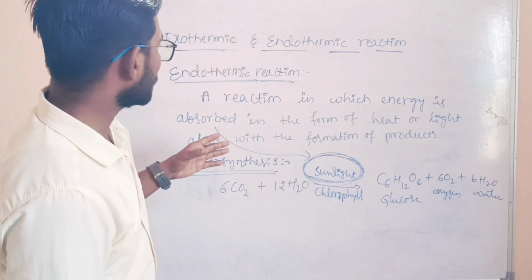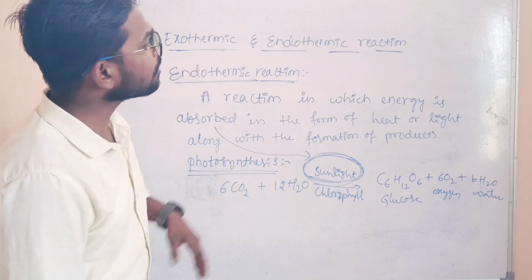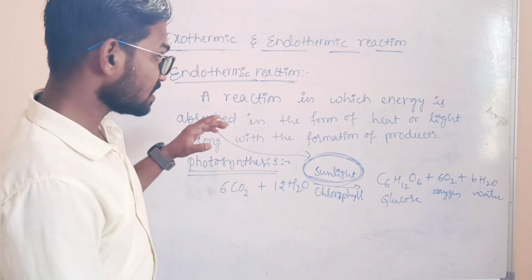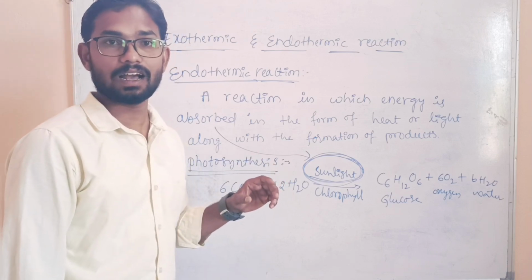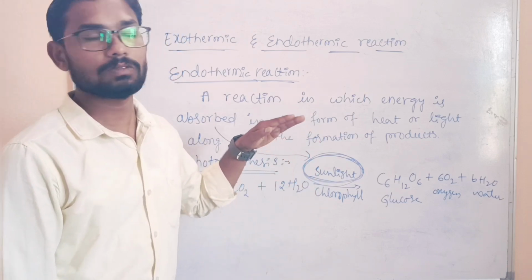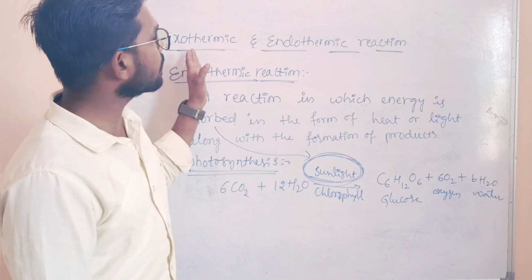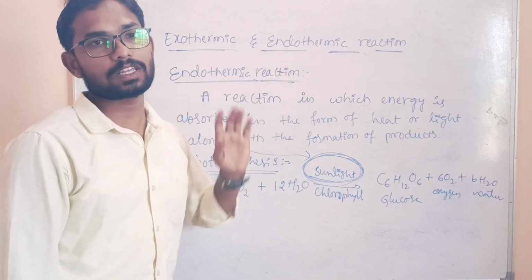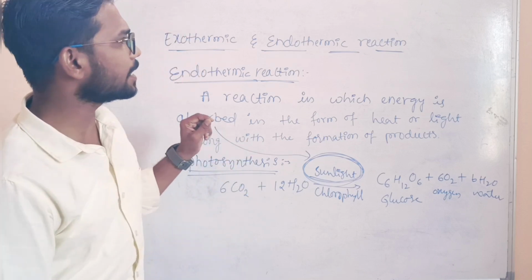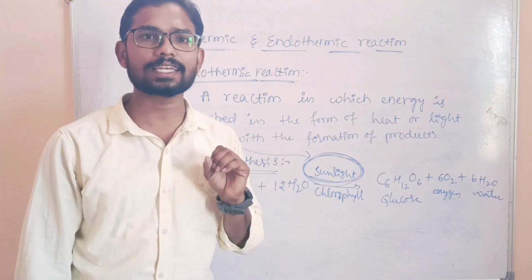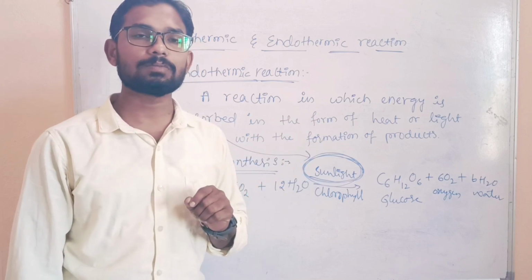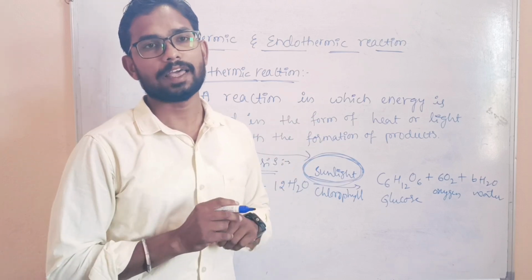So these are the types of exothermic and endothermic reaction, and depending on whether energy is released or energy is absorbed, we can divide them into exothermic and endothermic reactions. In a simple way, exothermic means we have to release the energy, and endothermic means we have to absorb the energy.